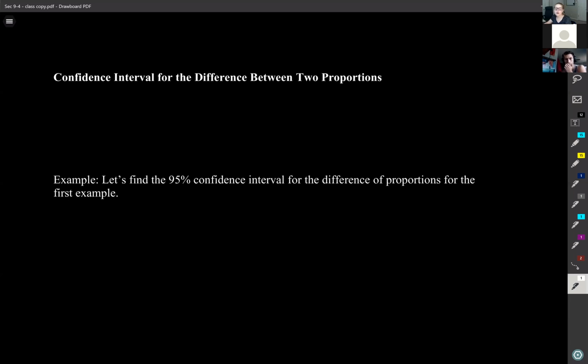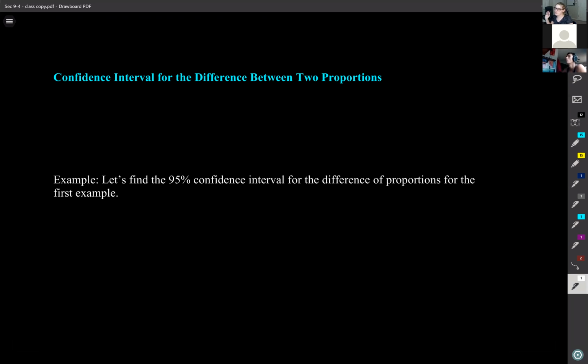Okay, so our last thing in this section is how to do a confidence interval for the difference between two proportions. We did this for the difference between two means, so naturally, we're going to do it for the difference between two proportions. Let me write down the formula. This is also why I thought making it open book, open notes would be way better, because there are like 2 new formulas for each section.